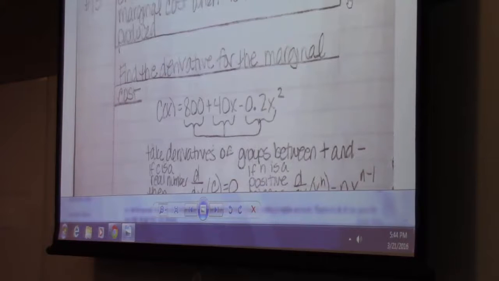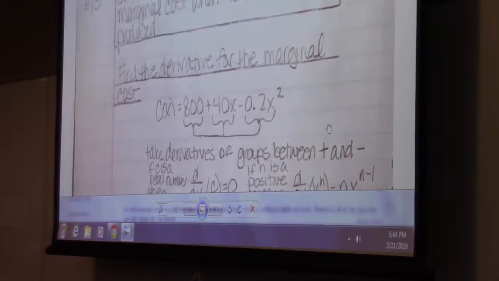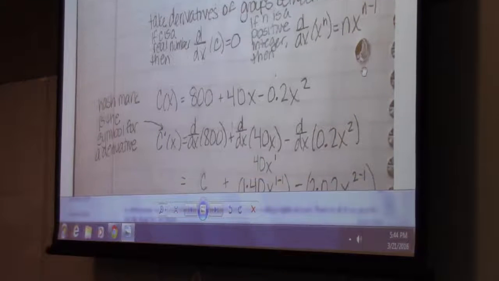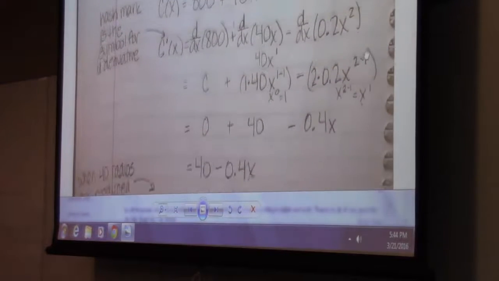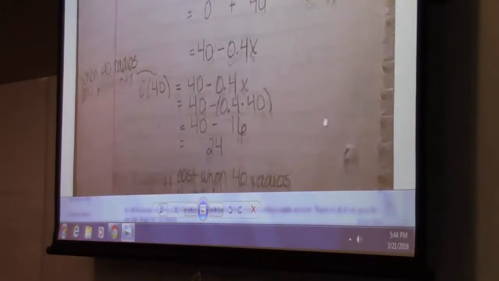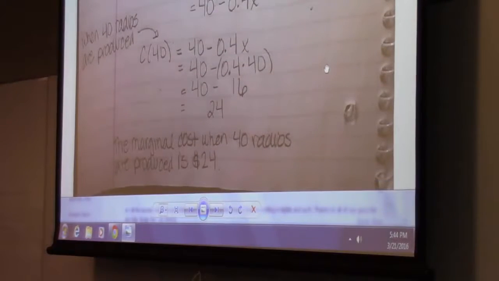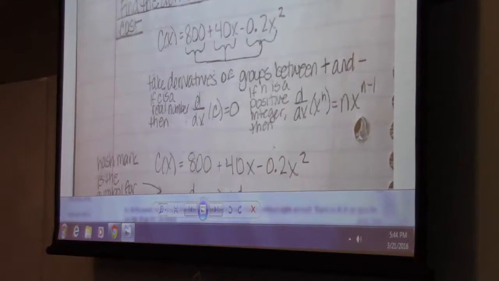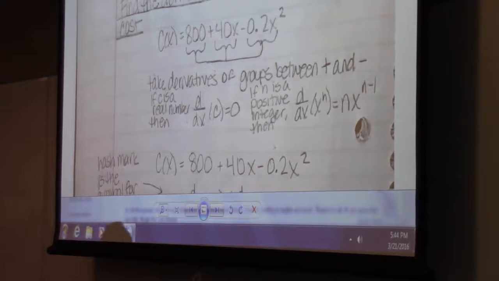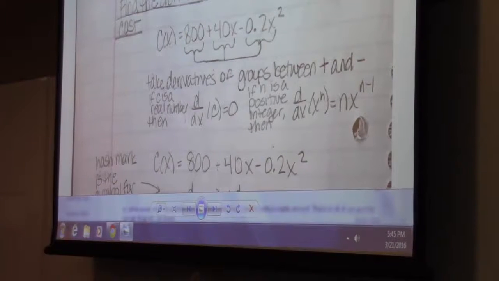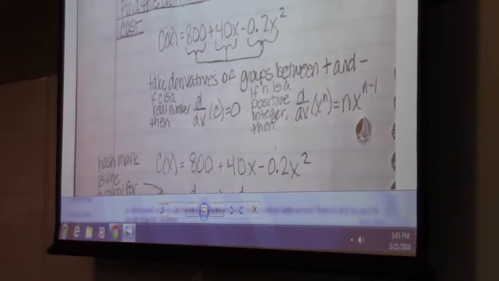So you look at your problem, you see, find the derivative for the marginal cost. How to present this? For example, number 34.